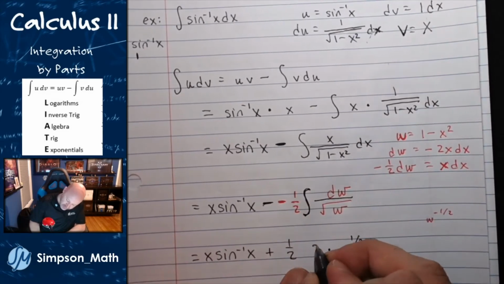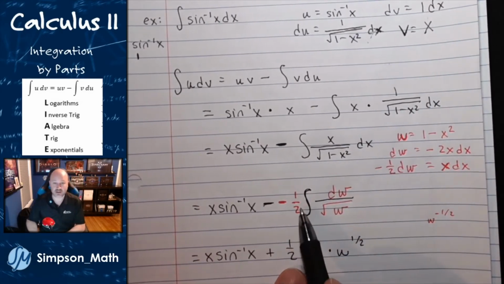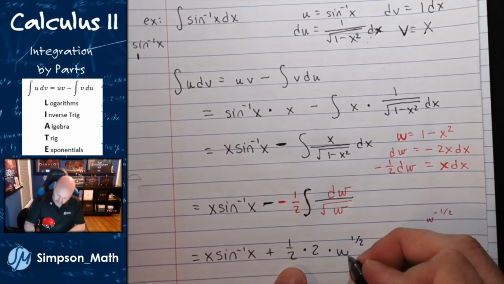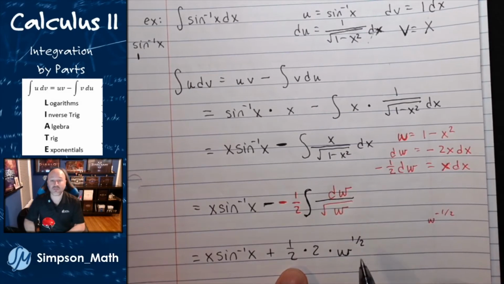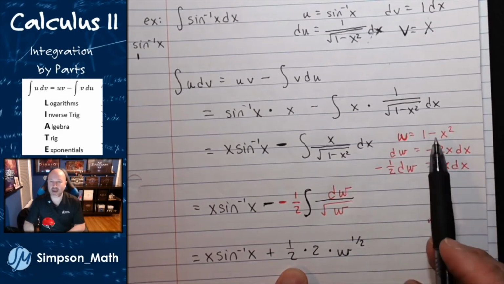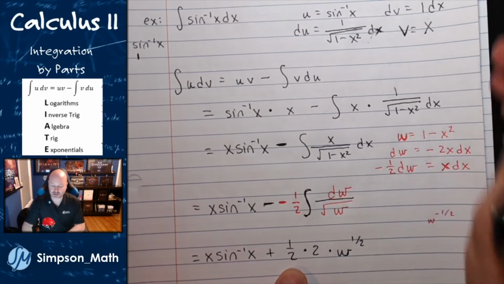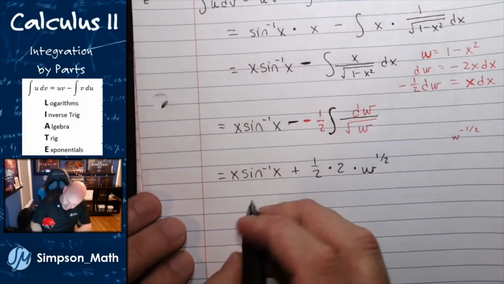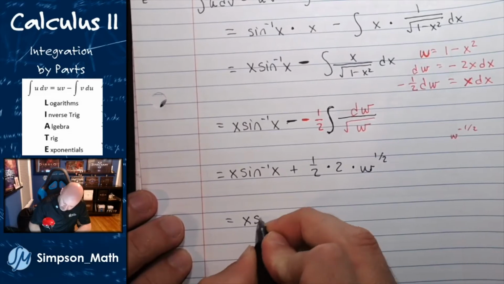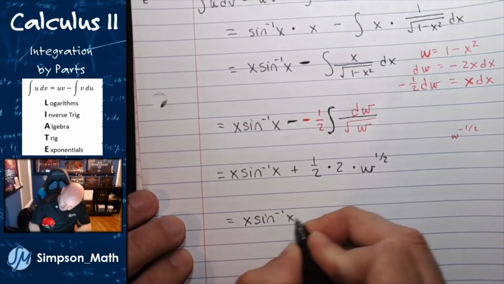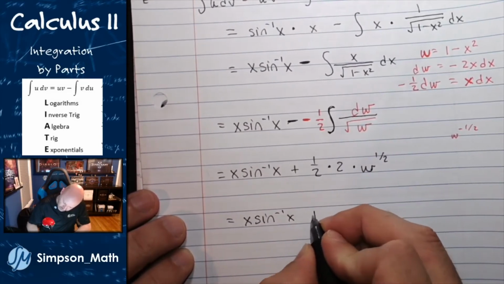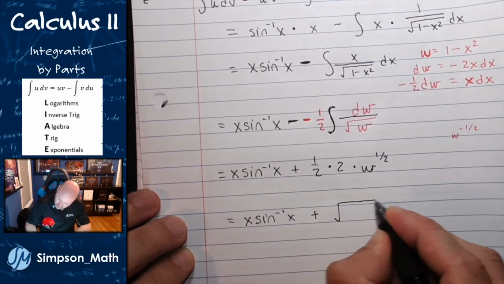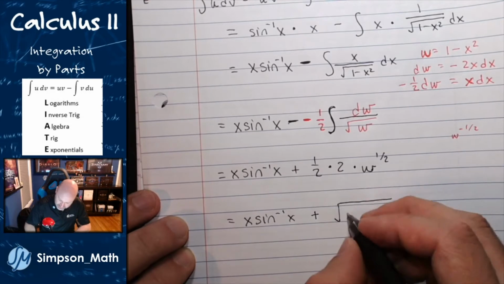Multiply out front by the reciprocal, and I still have that now positive 1/2 out front. Converting from w land back into x land, doing some simplification. That's just the square root of 1 minus x squared.